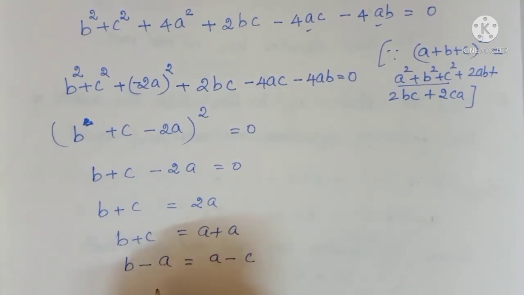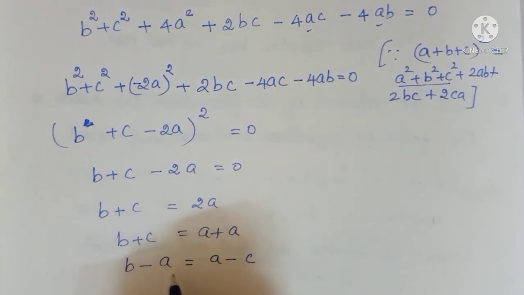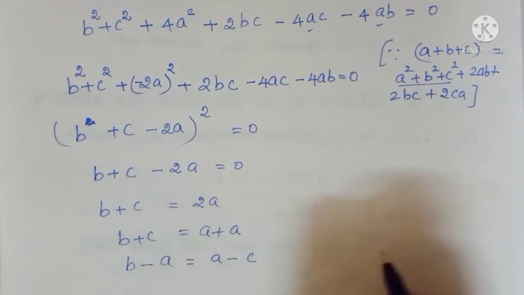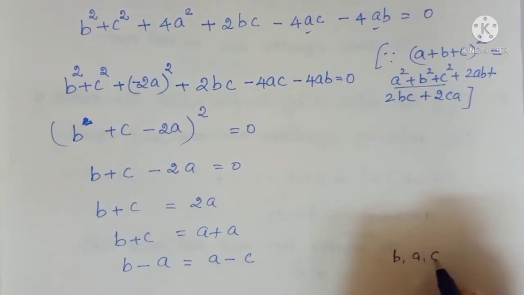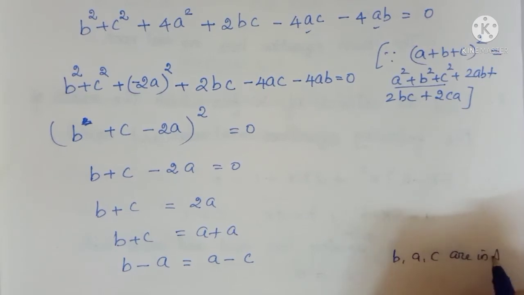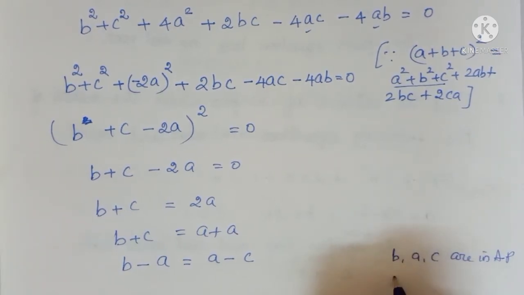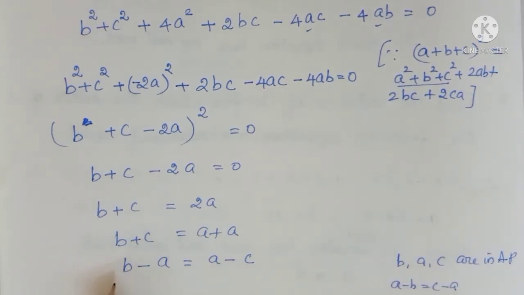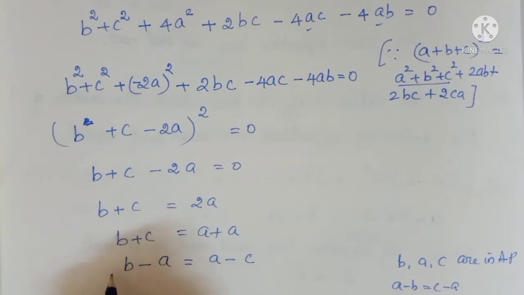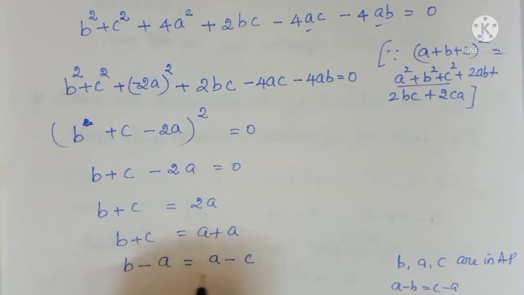Now this one we can say B minus A is equal to A minus C, but our proof is B, A, C are in arithmetic progression, right? So that means A minus B is equal to C minus A you need to get. But here B minus A is equal to A minus C. So what I am going to do here? I am going to take minus outside on both sides.